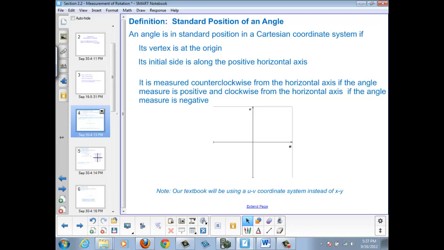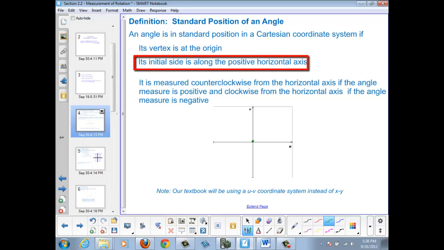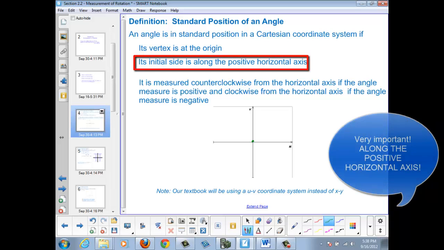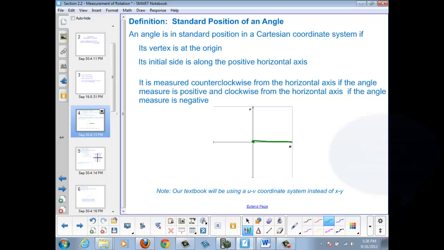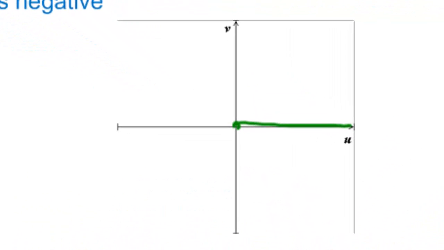An angle is in standard position in a Cartesian coordinate system if its vertex is at the origin. So we're going to start at the origin, and its initial side is along the positive horizontal axis. So that's very important. It is measured counterclockwise from the horizontal axis if the angle measure is positive.